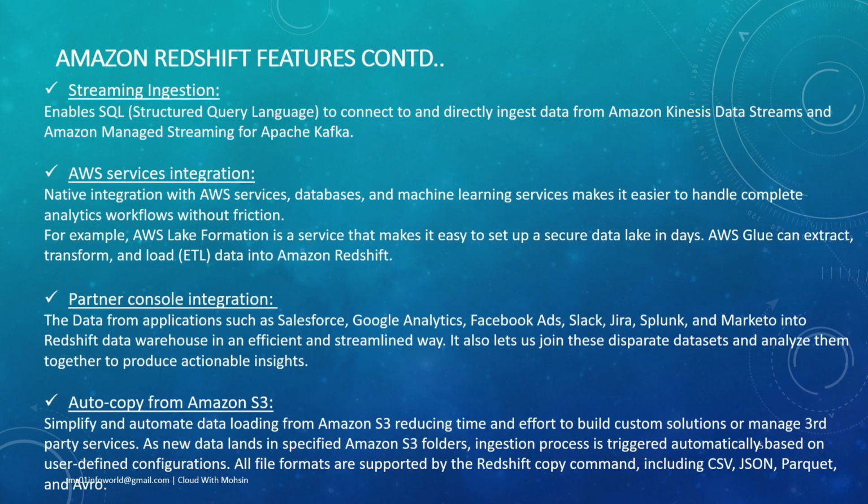Talking about some more features you can see on this page are streaming ingestion, AWS service integration, partner console, and auto copy from Amazon S3. I have not covered all features. These are only some of the features that I thought are important. Streaming ingestion enables SQL, that is structured query language, to connect to and directly ingest data from Amazon Kinesis Data Streams and Amazon Managed Streaming for Apache Kafka.